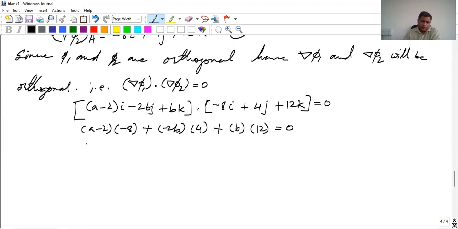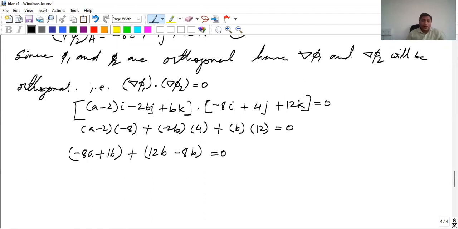Let us simplify. So this is minus 8a plus 16 plus 12b and minus 8b. So this is equal to 0.